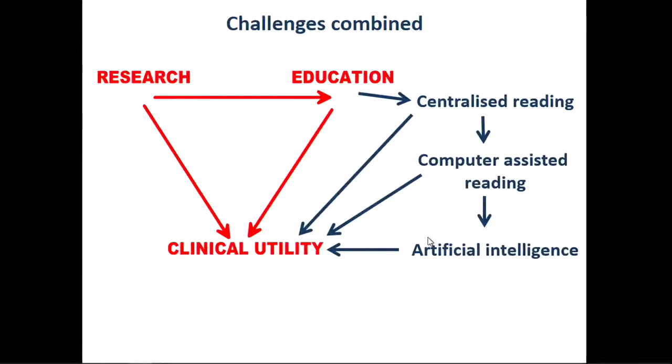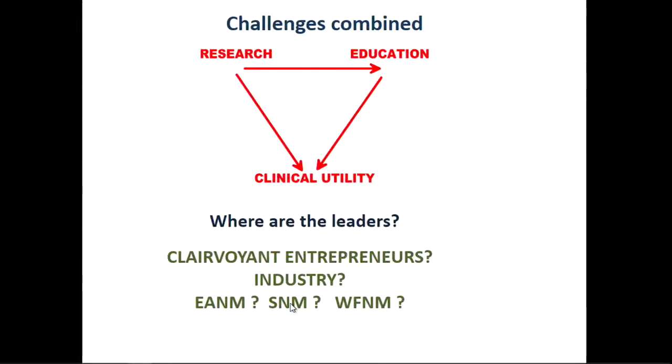It will take time, but we should use this time to do more research, to collect large materials performed with similar technique and similar interpretation criteria, because that is a must before we can go into the field of artificial intelligence, to increase the utility and the availability. These challenges should be addressed.